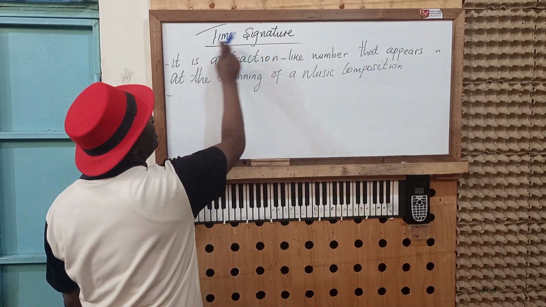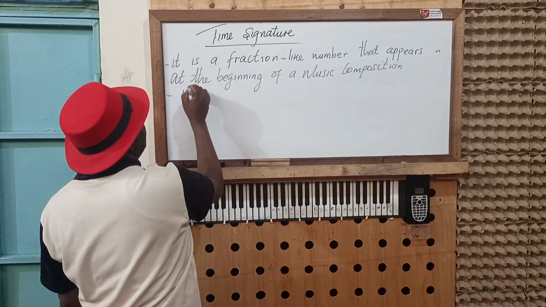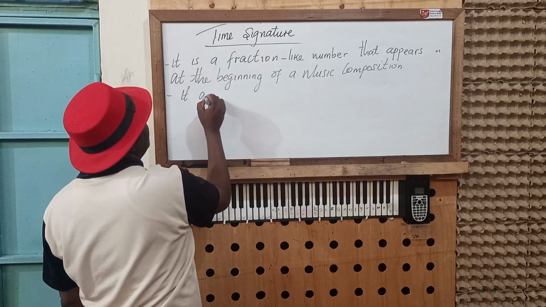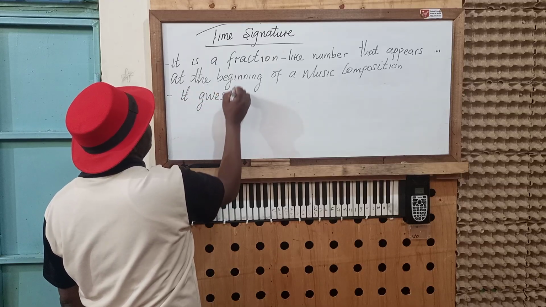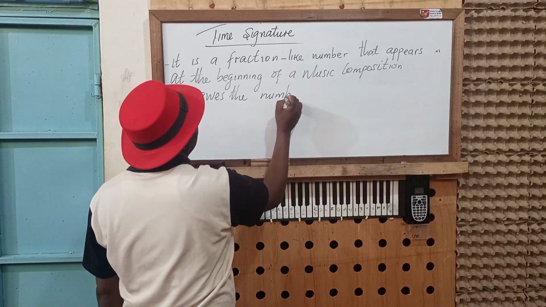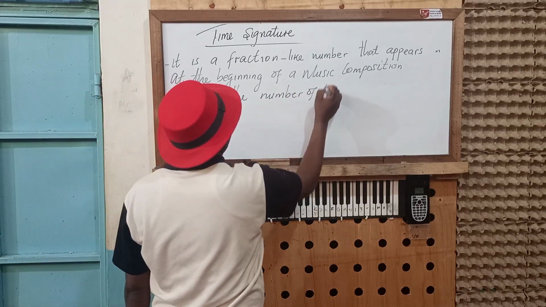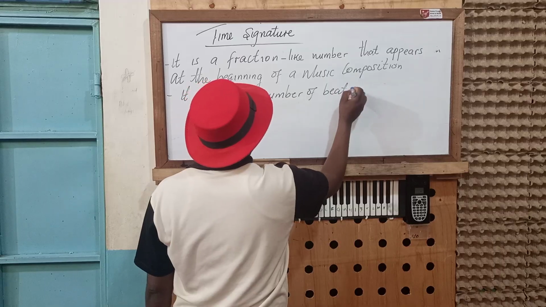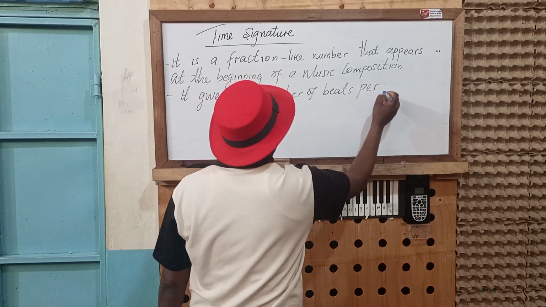What does time signature tell us? It gives the number of beats per bar.